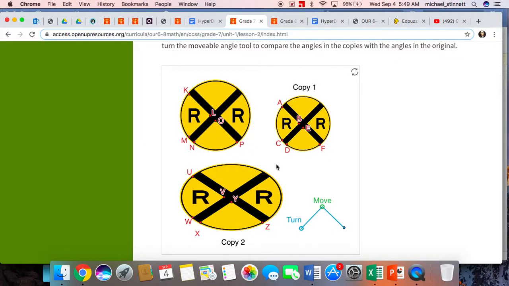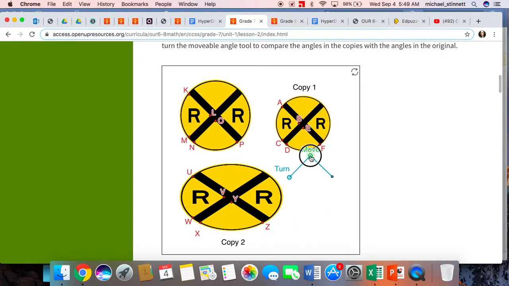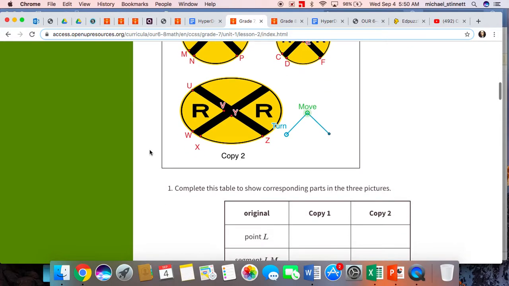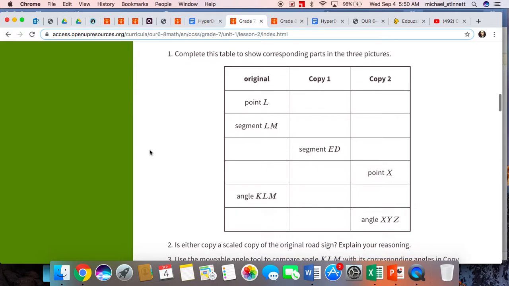Remember this little tool we used, and we could move it around and check the angles. That one works, and this one works, but this one did not work. And you guys did really well with looking at this. Copy 2 was not scale to either the original or copy 1.